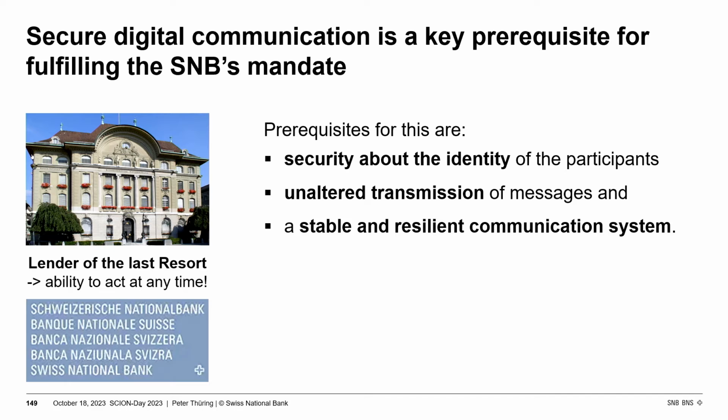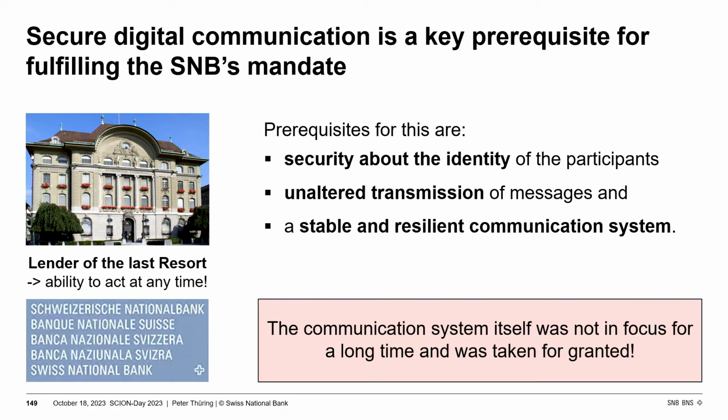The third and last point is where SCION technology comes into play, in conjunction with the Swiss telecommunication providers. In the past, the communication system itself was not in focus for a long time and was assumed to be given and secure. However, this is no longer the case, as we heard already before. The current threat environment of the internet is much more dangerous than in the past.